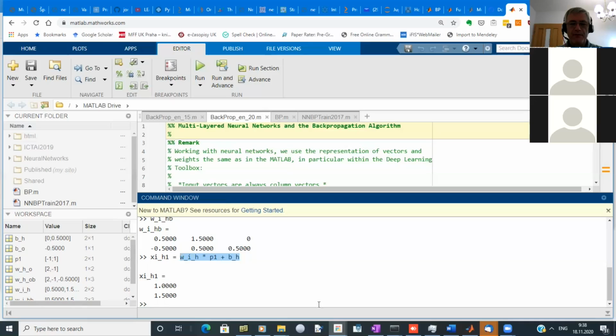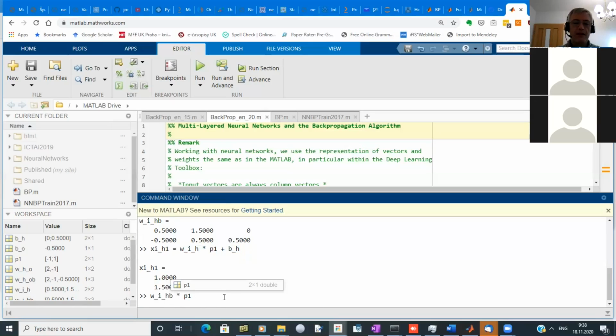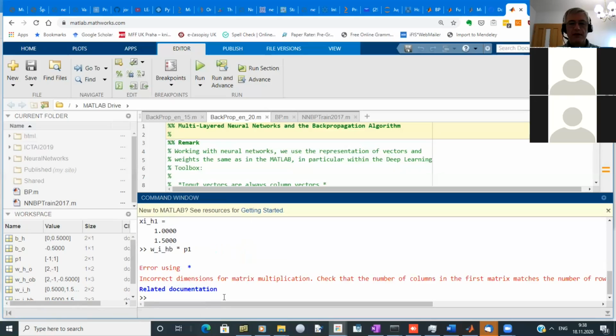We could use the weight with bias, but I didn't figure out how to use it. So when we use the weight with the bias, then of course the multiplication cannot be done.